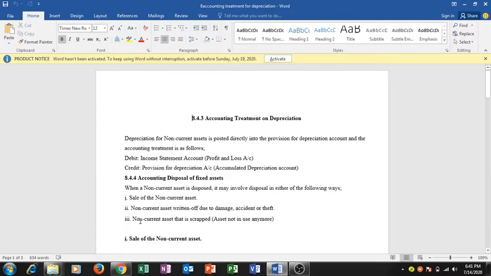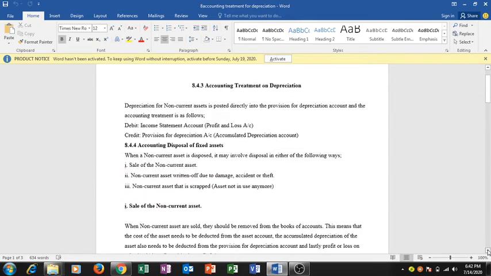Then the third and final case is when the asset is scrapped. When we say that the asset is scrapped, we simply mean that it is so old that it cannot be used anymore in the business. It is there in the business, but it does not have economic value. Either it is in the store and not used, or it is put somewhere outside and is not being used in generating revenue for the business.